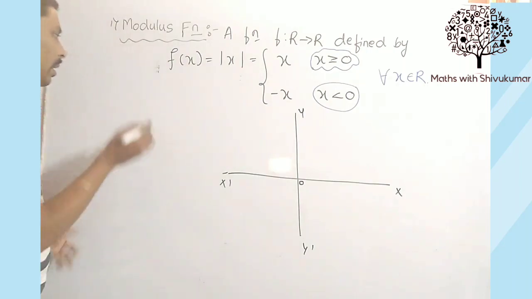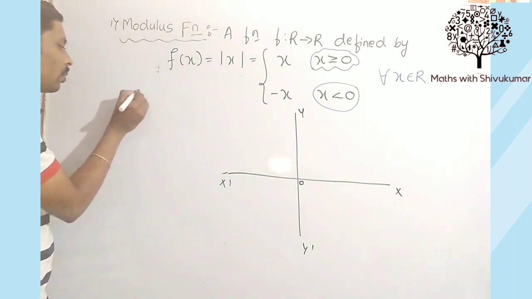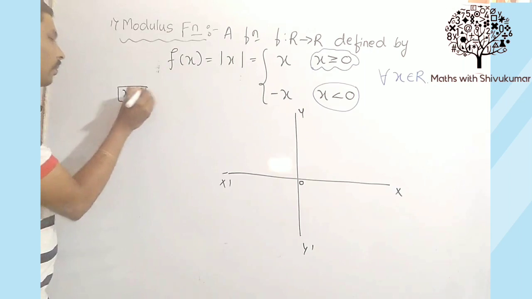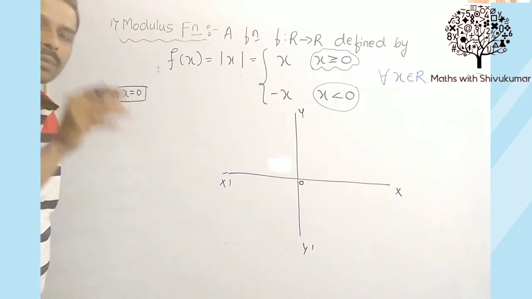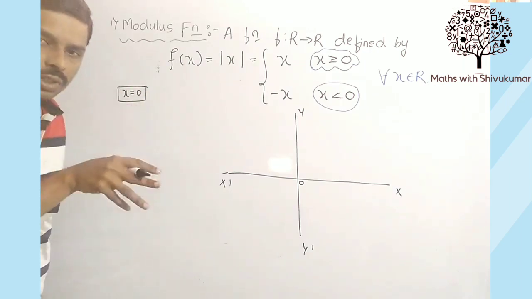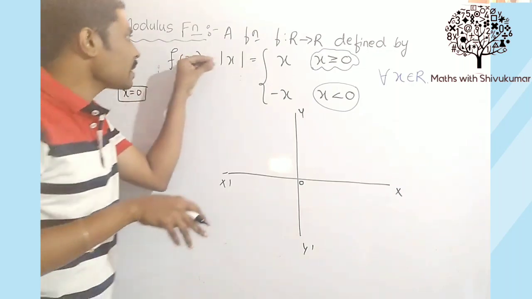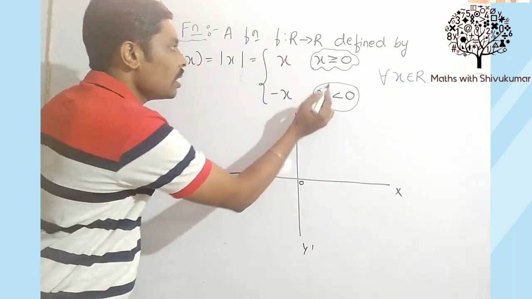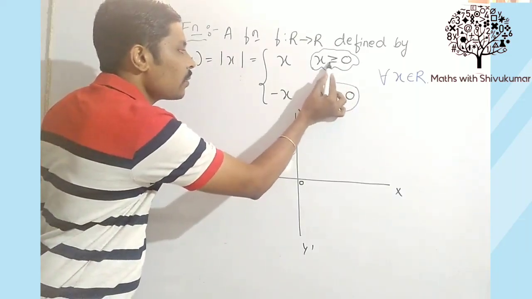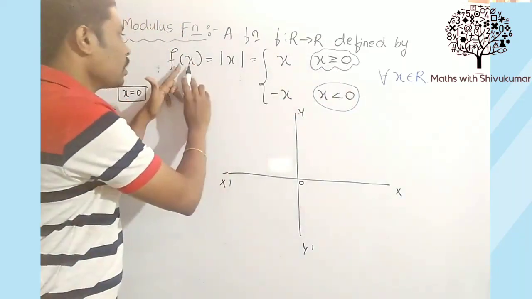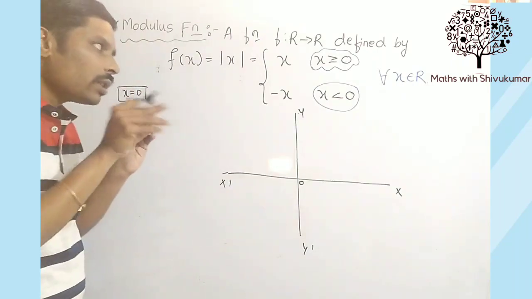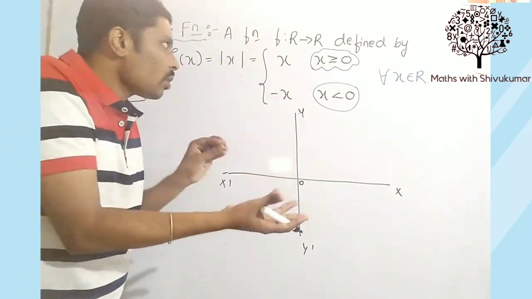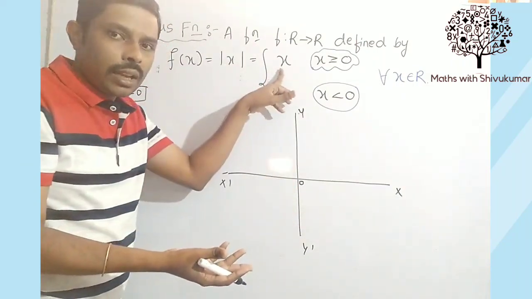If I substitute input value x is equal to 0, which branch do I have to choose? Observe here, 0 is included in the first branch. If our input value is 0 or greater than 0, the output is x only.